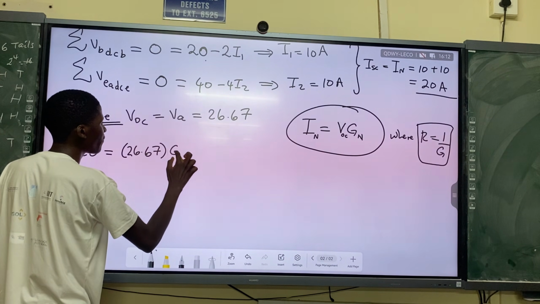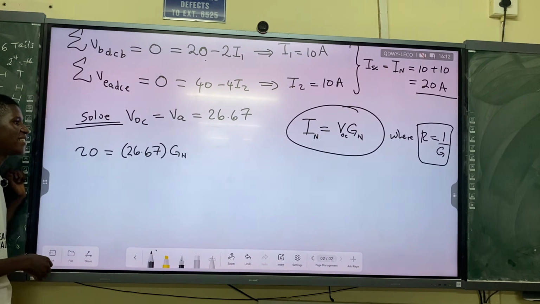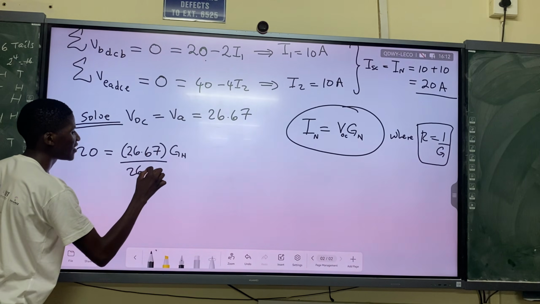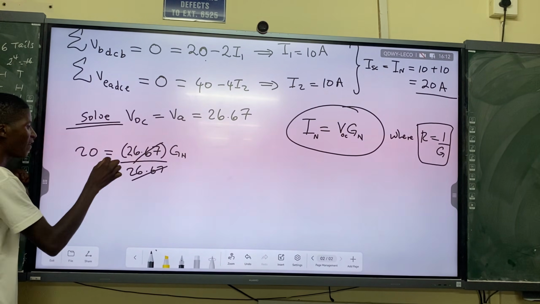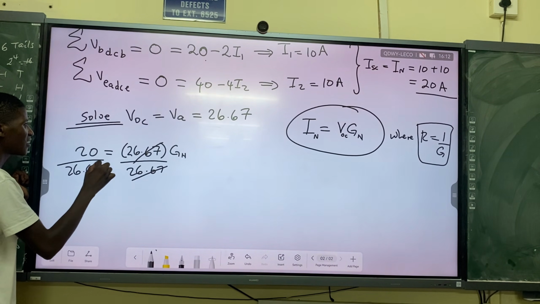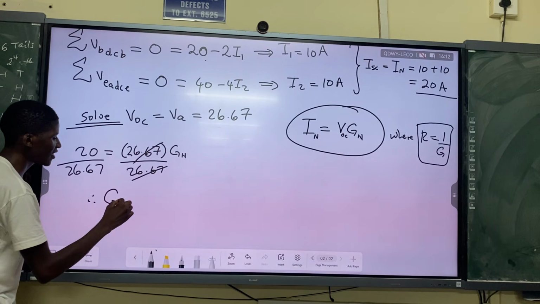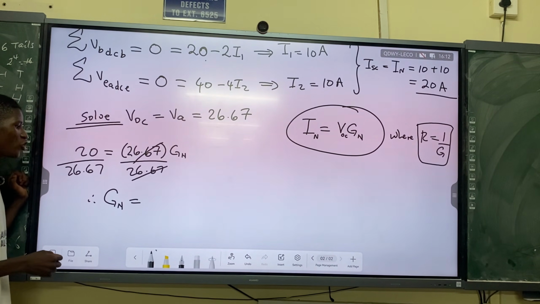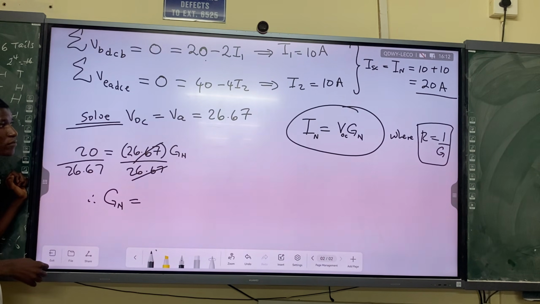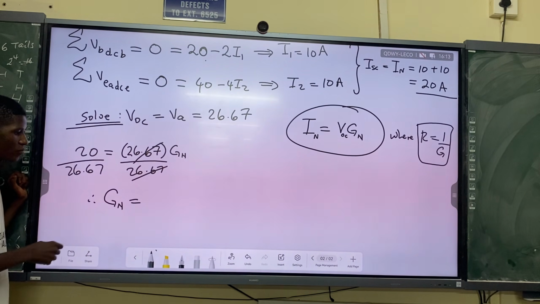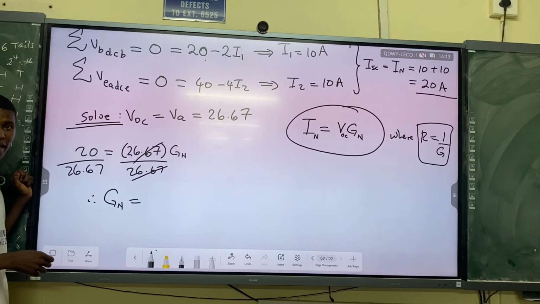Then here, you are looking for the Norton's conductance. You divide both sides by 26.67. Therefore, what is the Norton's conductance? 20 over 26.67. What is the conductance?